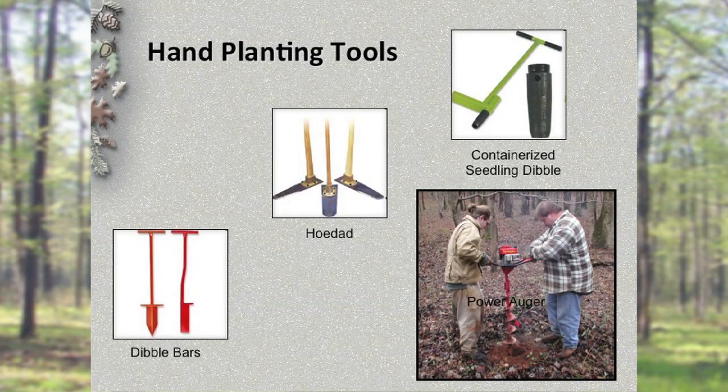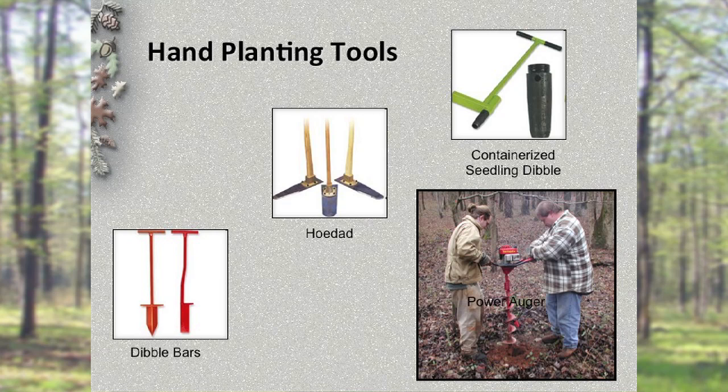This slide shows the different kinds of implements that we use in hand planting. The dibble bar on the very bottom left-hand side shows a KBC bar on the left and a typical loblolly pine or pine planting bar on the right. The middle shows a hodad, which a lot of crews have been planting with over time.